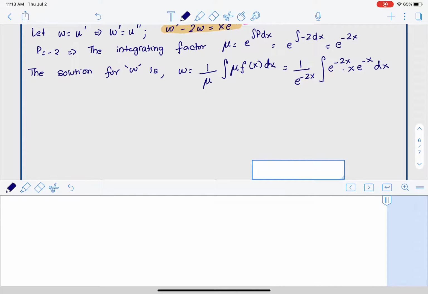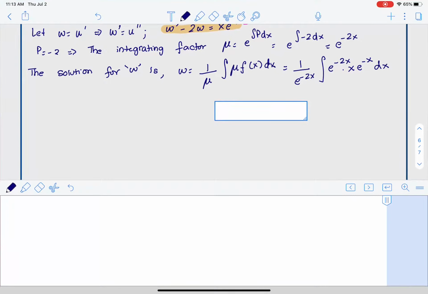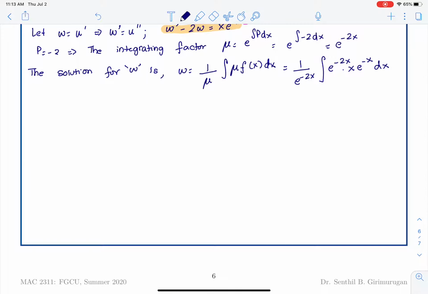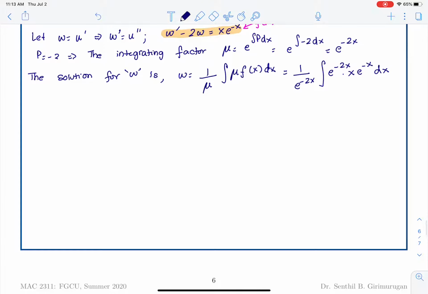So that is going to give me w equals e raised to x integral x e raised minus 3x dx. How do we integrate this?